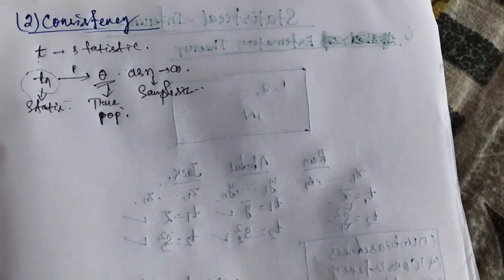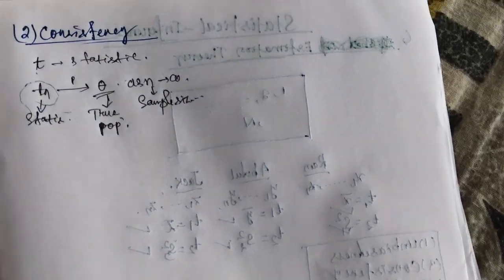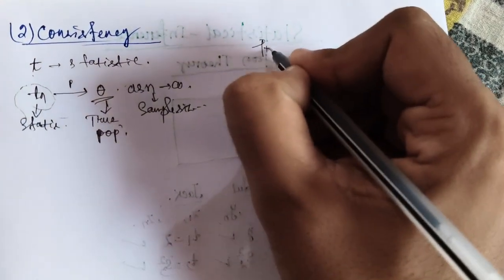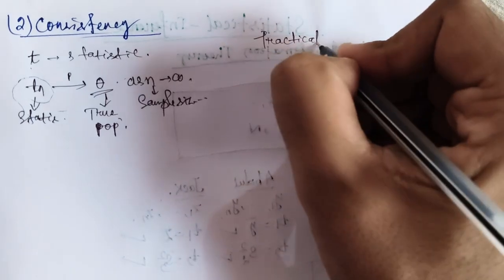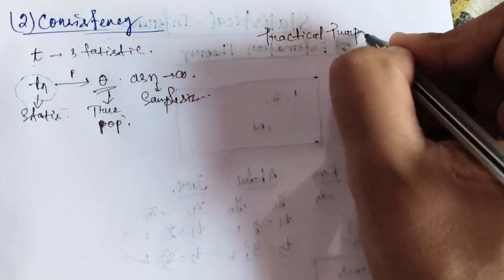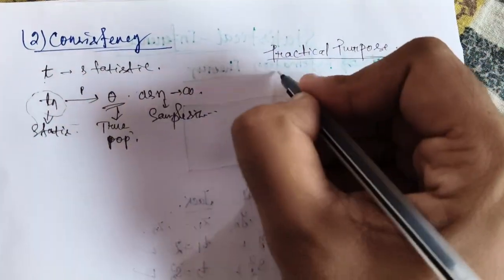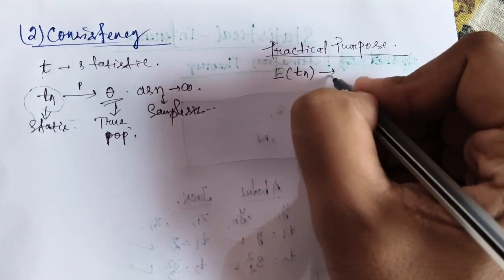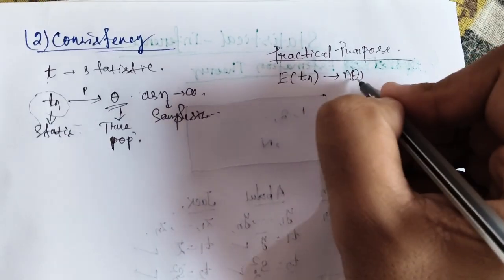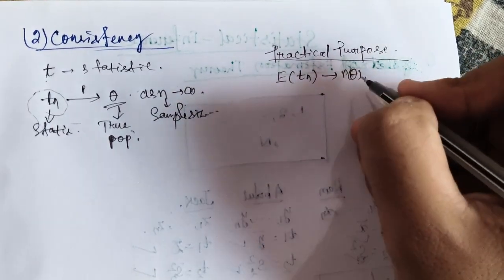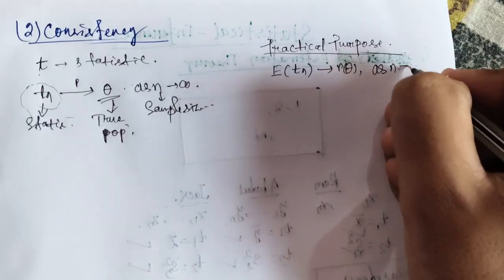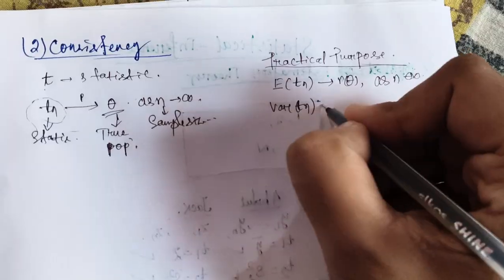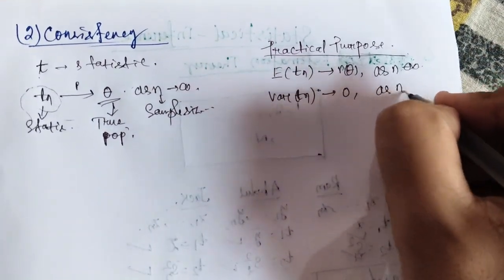If an estimator is given to us and we need to find whether it is consistent or not, we can use this formula for practical purposes: the expected value of that estimator tends to theta, the population value, as n tends to infinity, and the variance of that estimator tends to 0 as n tends to infinity.